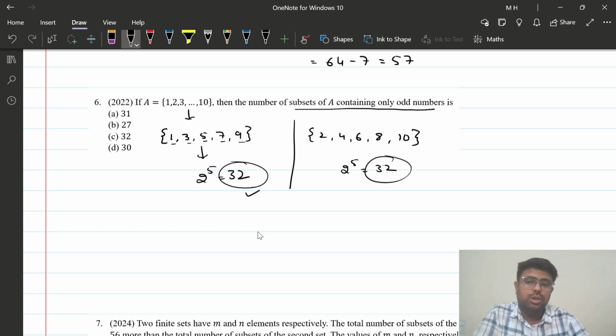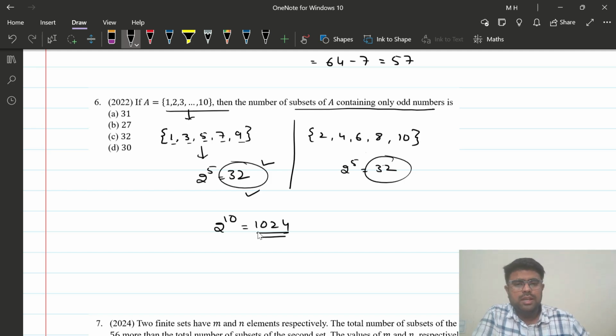The total number of subsets is going to be 2 raised to 10, because there are 10 elements. So out of 1024 subsets, there are 32 subsets which have only odd numbers, 32 which have only even numbers, and the remaining subsets, that is 1024 minus 64.